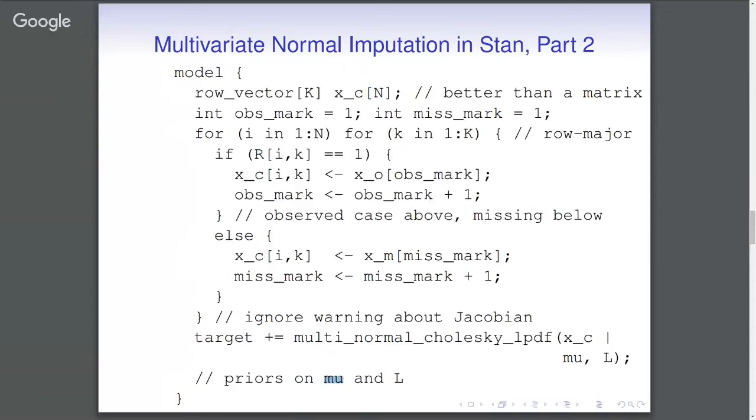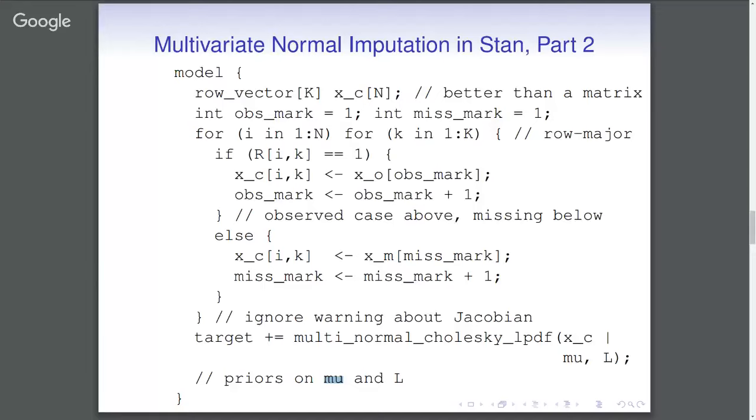So all of those things are not programmed into these multivariate normal imputation algorithms, because then it would be really hard for Stata or whatever to estimate mu and L if you didn't assume it was multivariate normal. You assumed it was some other distribution.